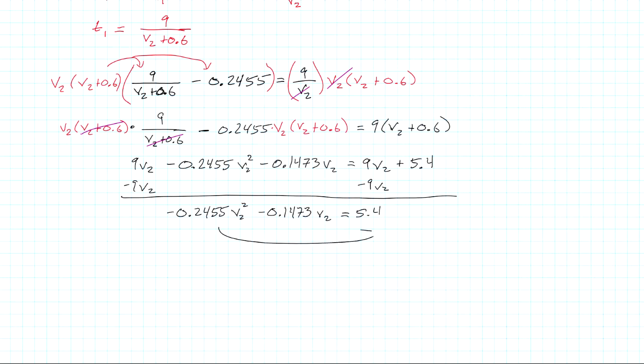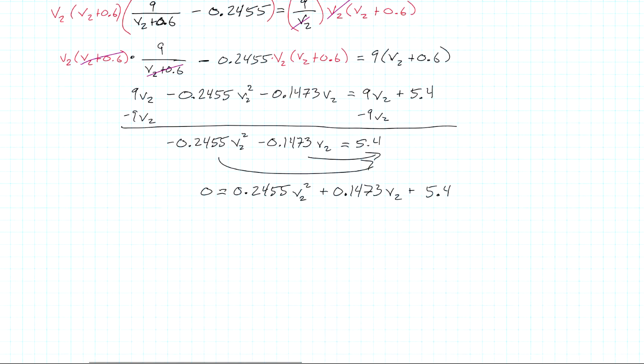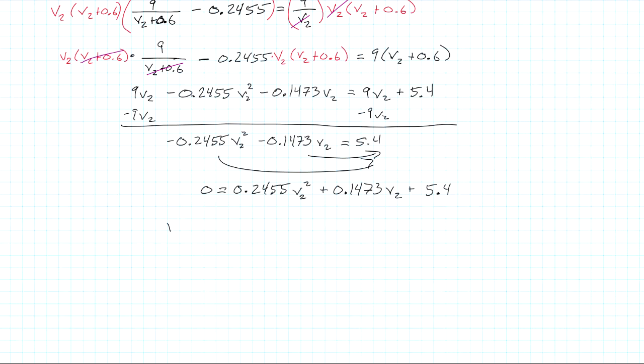I'm going to move everything to the right side since I have a squared term and a non-squared term. So I'll have 0 equals 0.2455 V2 squared plus 0.1473 V2 plus 5.4. And I definitely don't want to factor that, so we're just going to go to the quadratic formula now.